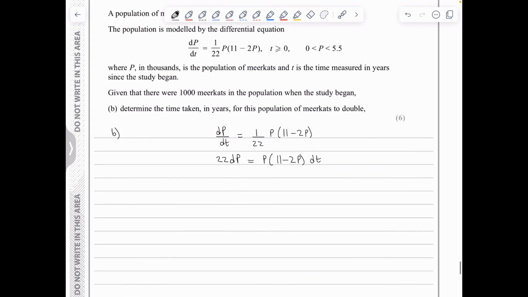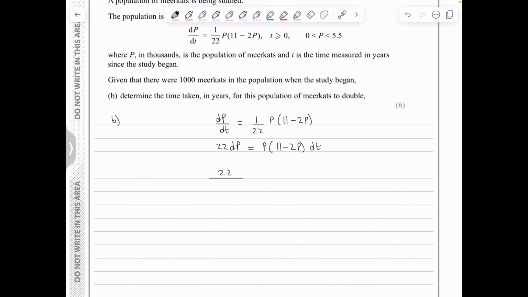So we have 22/(p(11 − 2p)) dp is equal to dt. I will be factoring out the 22, and I'll be left with 1/(p(11 − 2p)), which is exactly the partial fraction decomposition we did in part A.